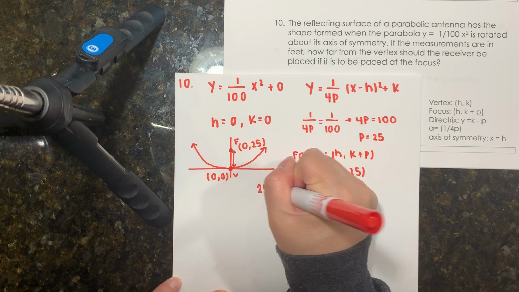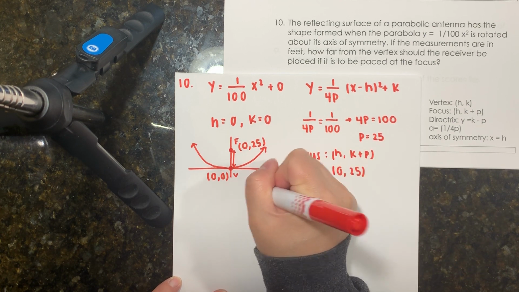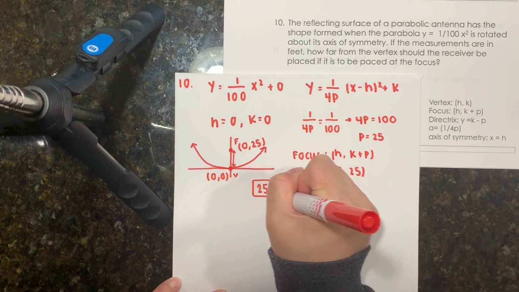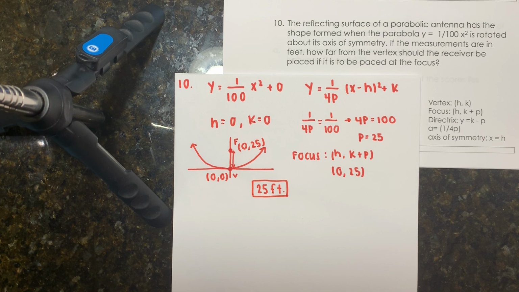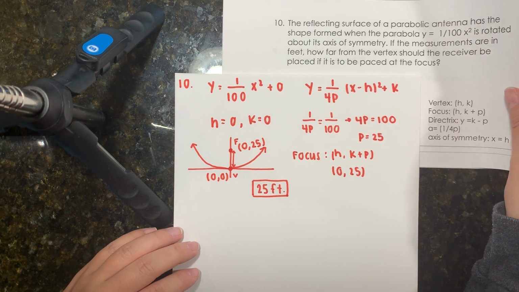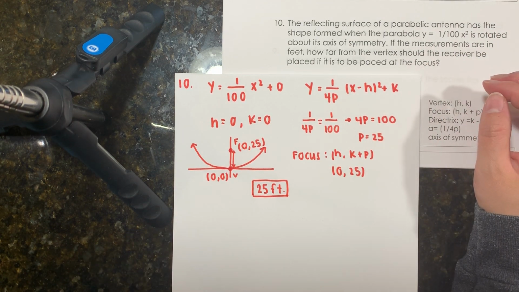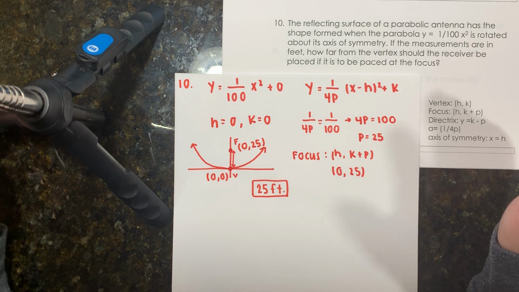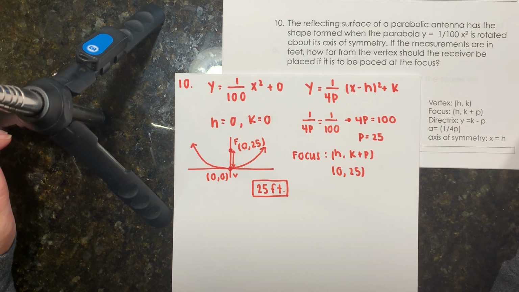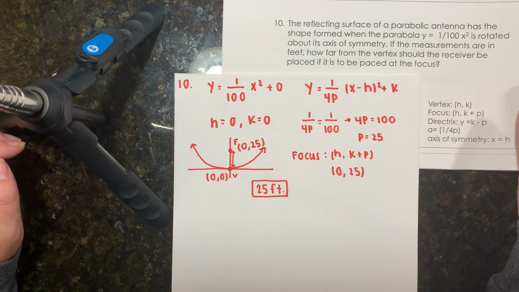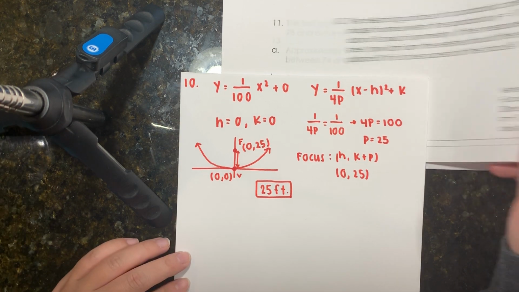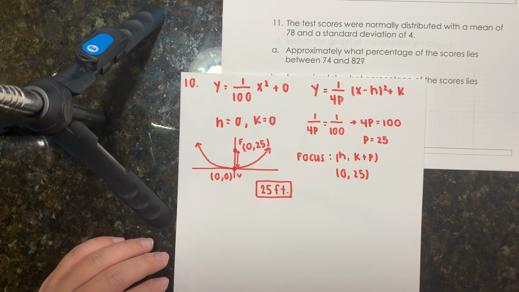So that means my receiver should be placed 25 feet away from the vertex. And that concludes number 10. Again, that's a word problem based off of this new lesson, but I can't recall how many times it shows up, and I don't think it's very much. So that's just another word problem for application.